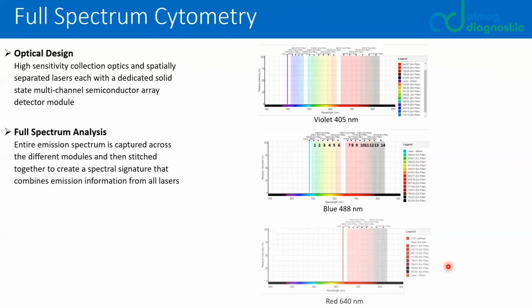We have the full spectrum analysis for each fluorochrome. The entire emission spectrum is captured across the different modules to create the full spectral signature for each fluorochrome. We can see here that we have 16 detectors for the violet laser, 14 for the blue laser, and 8 for the red laser.